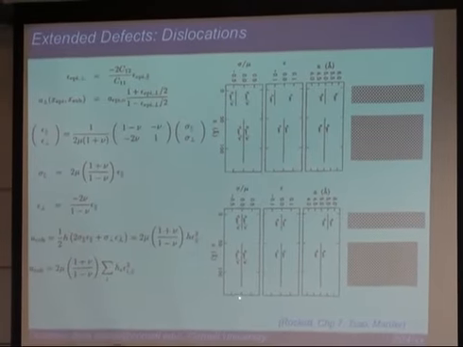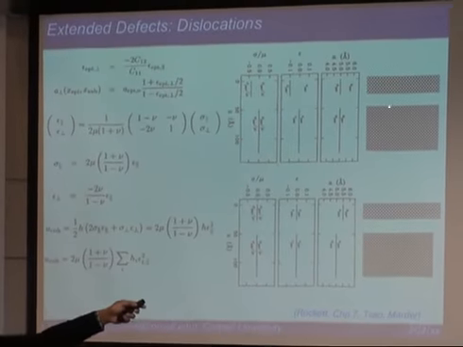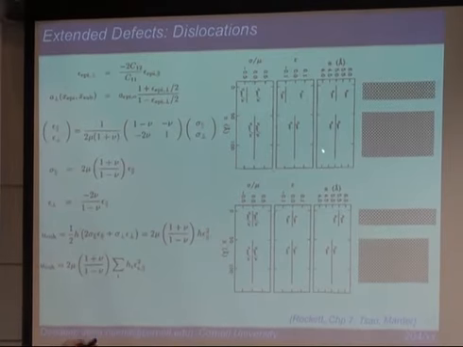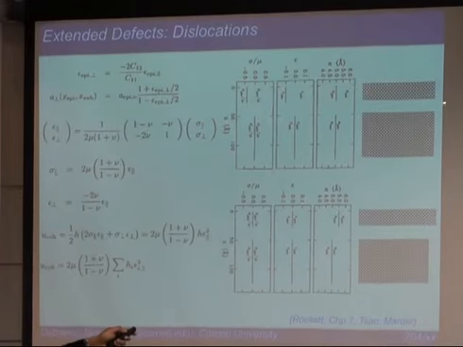Right? And now we grow this layer on top of that and say that it becomes coherent. Right? It's completely compressed in the lateral direction, such that now it's A parallel here. Sorry, it's not very clear, but essentially the lattice constant in this direction must become equal to 5 angstroms for that. Right?